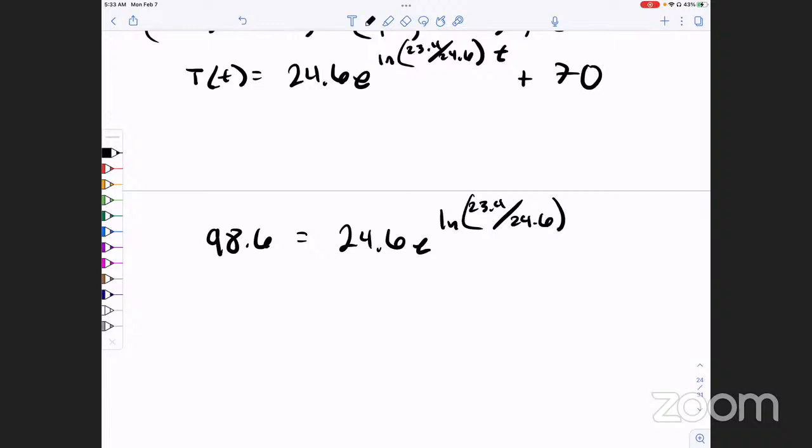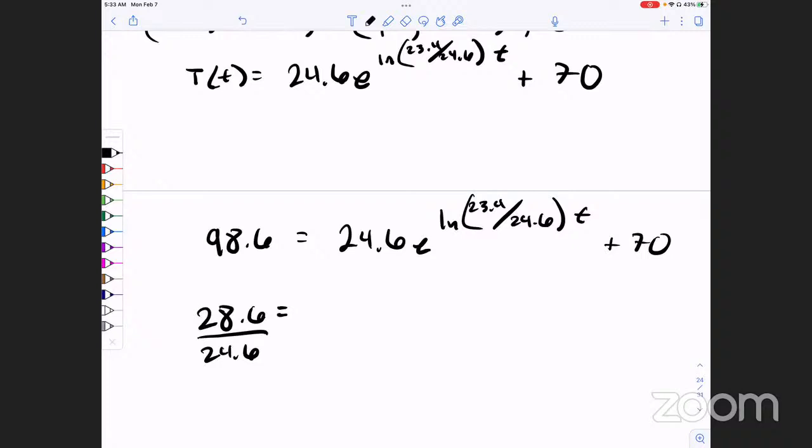Okay. Working backwards, subtract 70 on both sides, you get 28.6. I'm going to go ahead and divide by that 24.6.